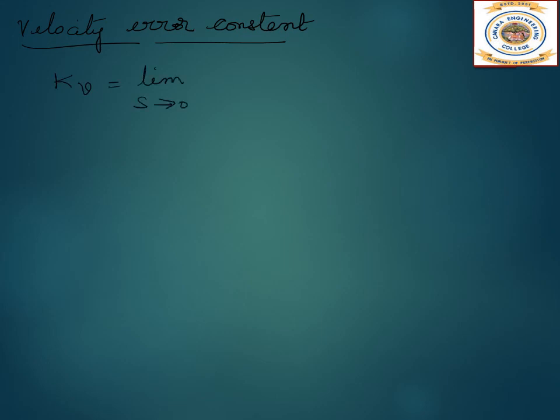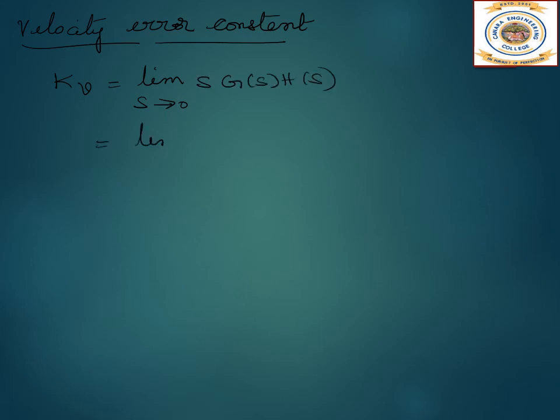Next, let us consider the velocity error constant. So velocity error constant Kv is equal to limit s tends to 0 s into G of s into H of s.